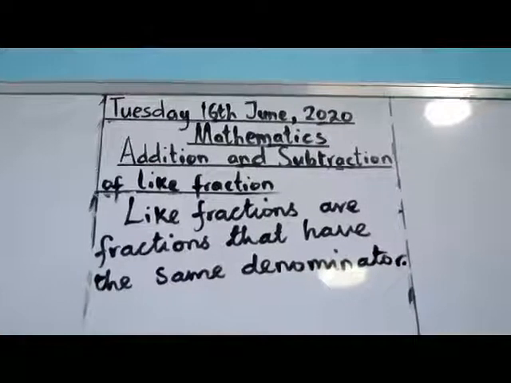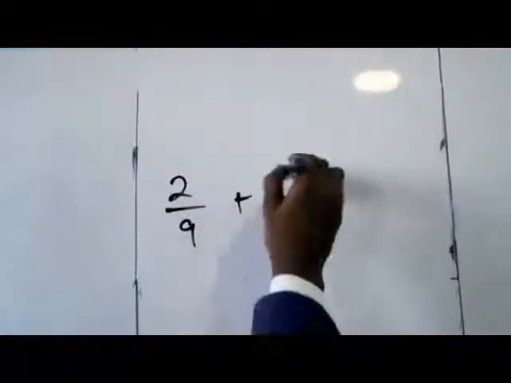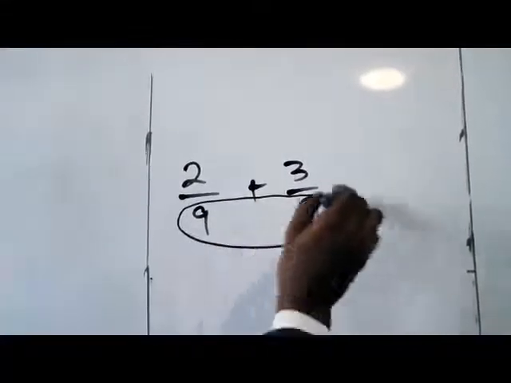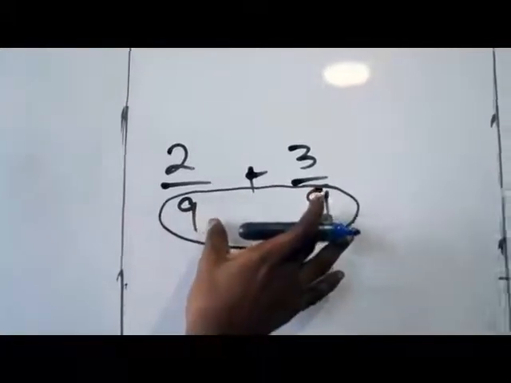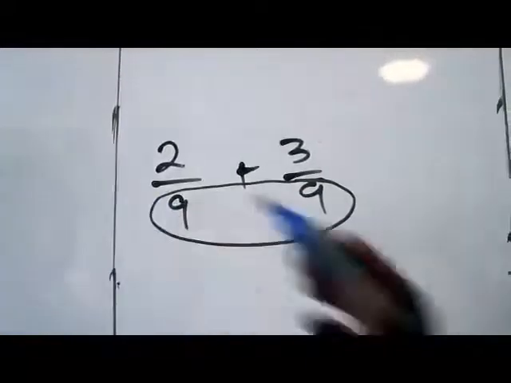Take, for example, if I should give you 2 over 9 plus 3 over 9. These fractions are what? Like fractions. Why? Because they have the same denominator, the denominator of the same value. Can you give other examples?